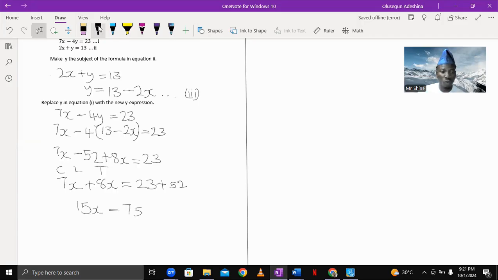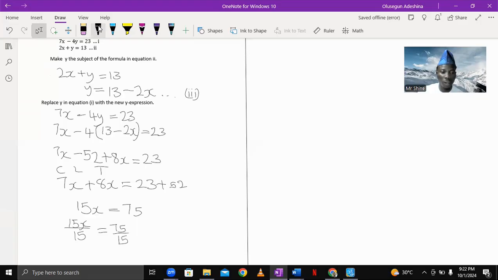When we get to this level in solving an equation, the next thing is to divide both sides by the coefficient of the variable x. The coefficient of x here is 15. So we divide the left-hand side by 15 and also divide the right-hand side by 15.